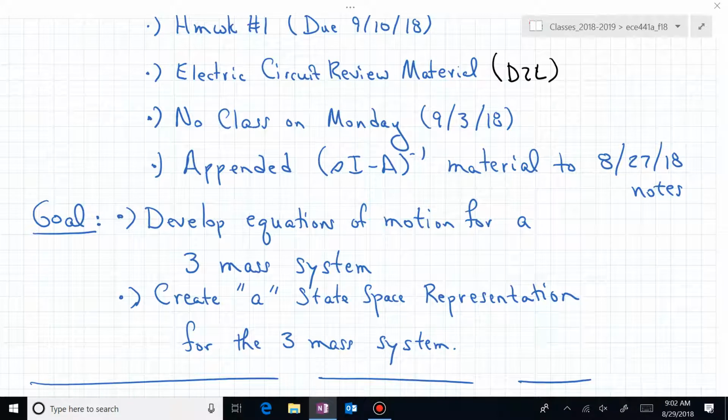The reason I'm putting A in quotes is we could have many different state space representations depending on how we stack or select the state variables associated with that system's dynamics.